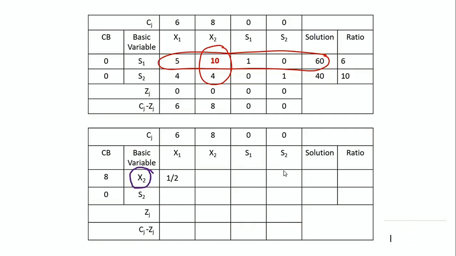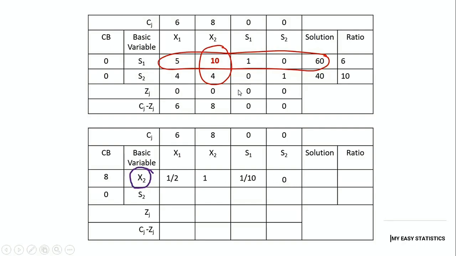See, if I divide 5 by 10, it becomes 1 by 2. If I divide 10 by 10, it becomes 1 by 10, and 0 divided by 10, it is 0. So x2 has entered in place of s1. So this is called key row. From key row values, we will find the new values for x1.